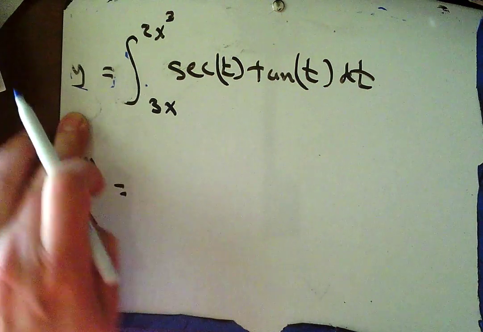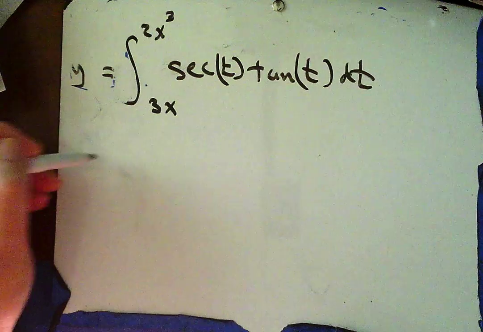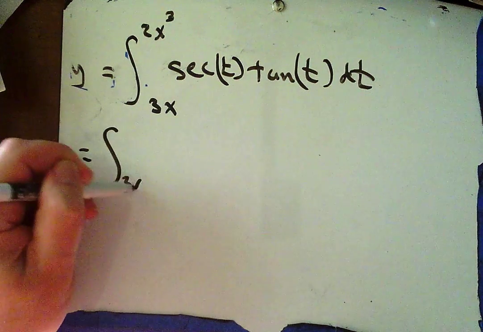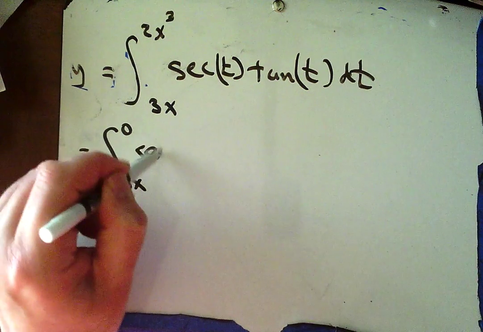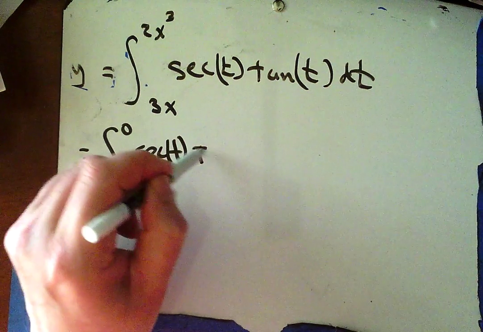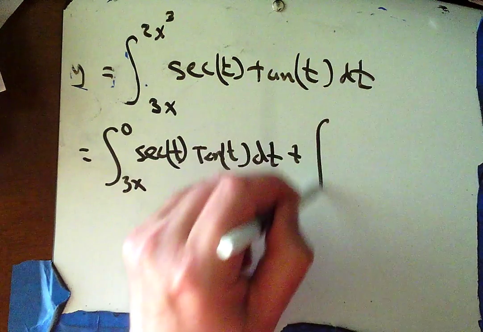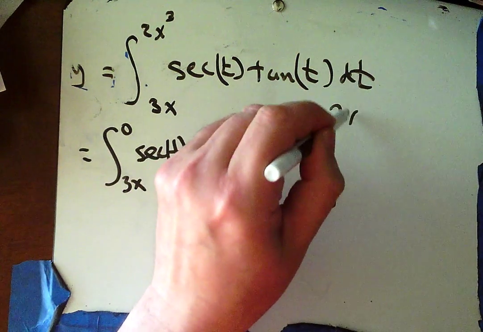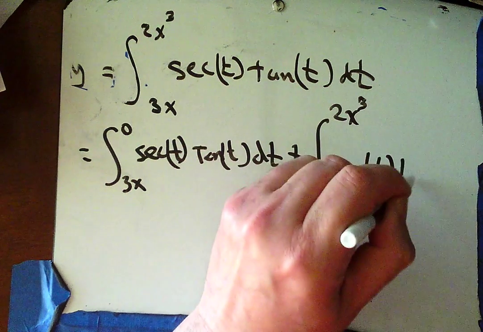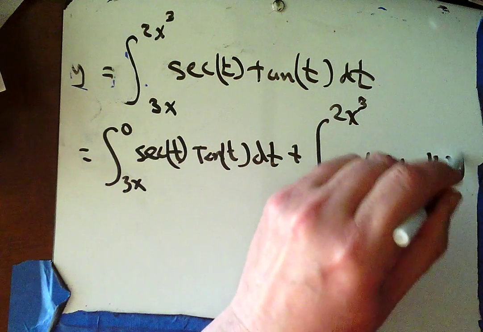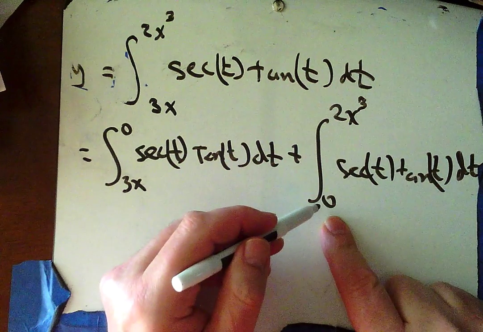All right, well, so let's hold on the derivative for a moment, and let's apply our integral properties to rewrite this first into the integral from 3x to some constant, 0 is just arbitrary, of secant t tangent t dt plus the integral from 0 to 2x to the third of secant t tan t dt. Okay. I've got that constant down at the bottom that I want.